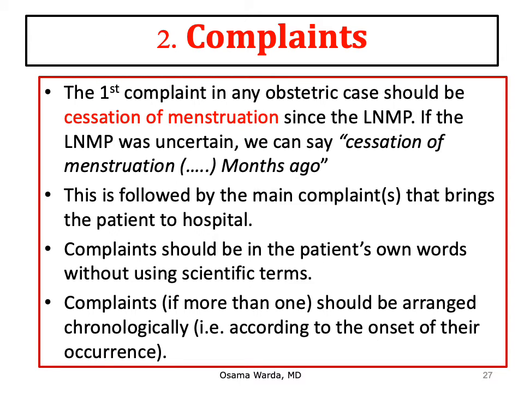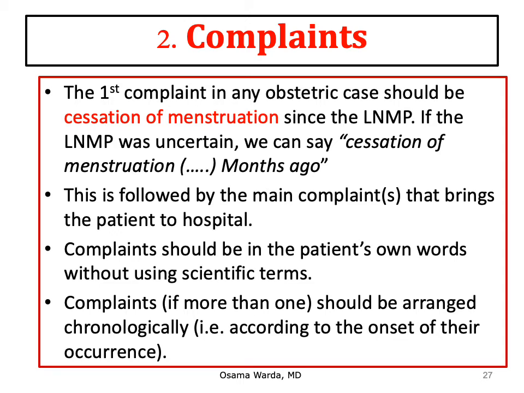We shift to the complaint. Here is a special situation. The patient is pregnant, and so the first complaint in any pregnant woman is being pregnant. So we start the complaint with the following phrase: cessation of menstruation since the last normal menstrual period, which started at whatever date.